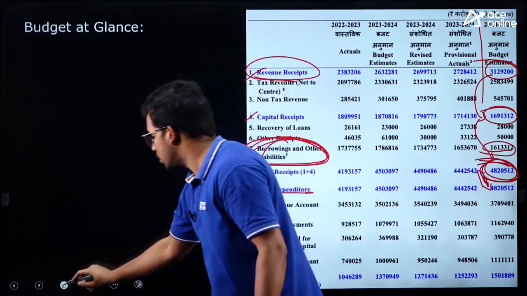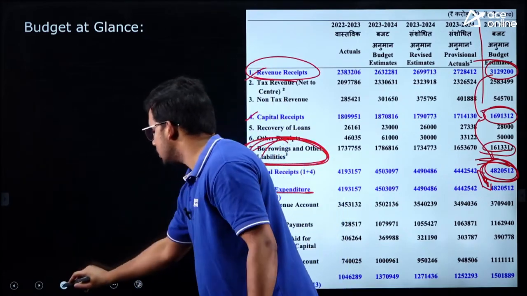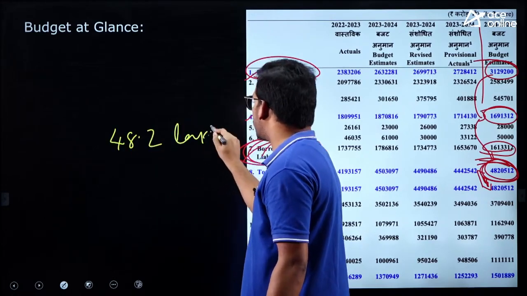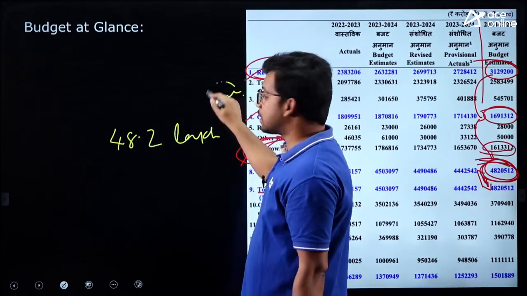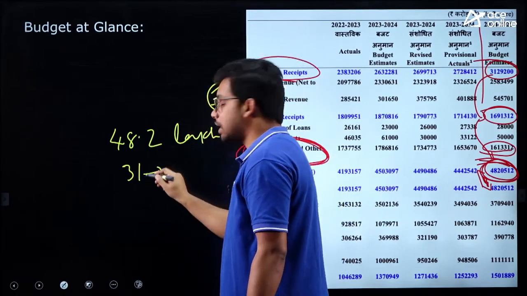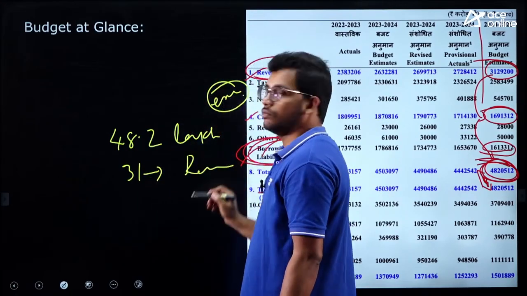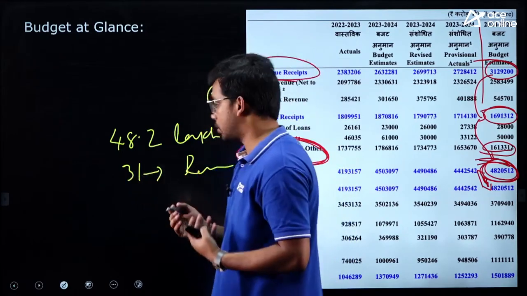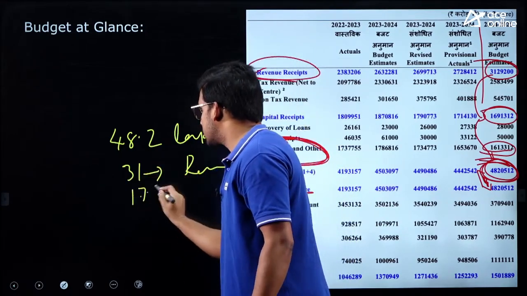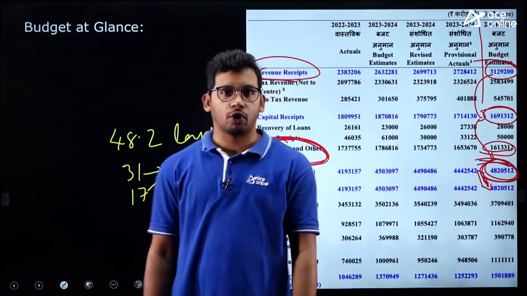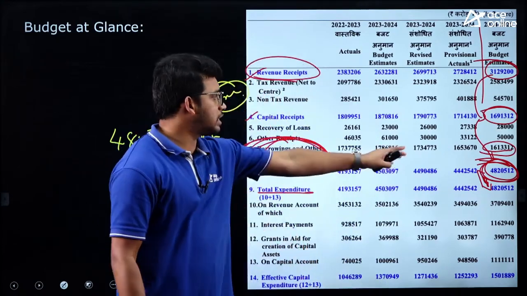Let me explain simply here. So 48.2 lakh crores is the total government budget or expenditure. Out of this, 31 lakh crore the government got in revenue collection. Now the rest, 17 or 16 point something, the government needs to borrow, right. So this is what it signifies.